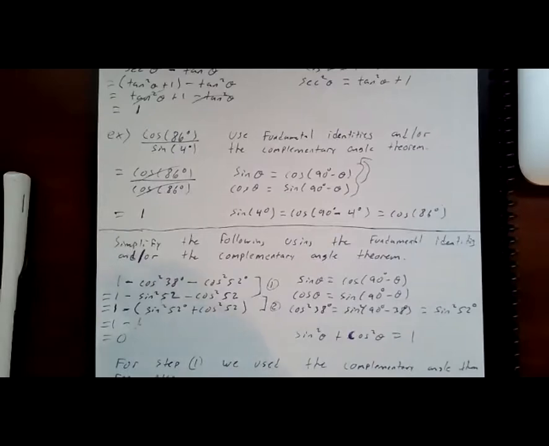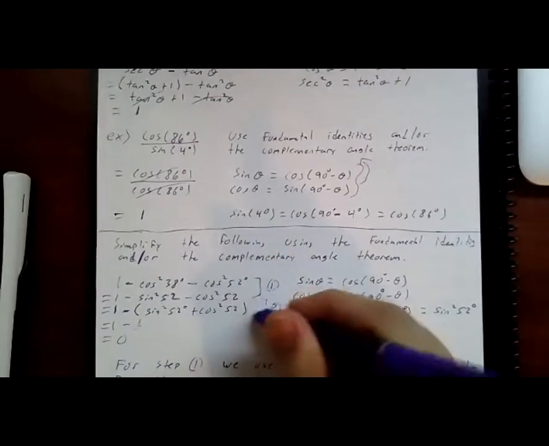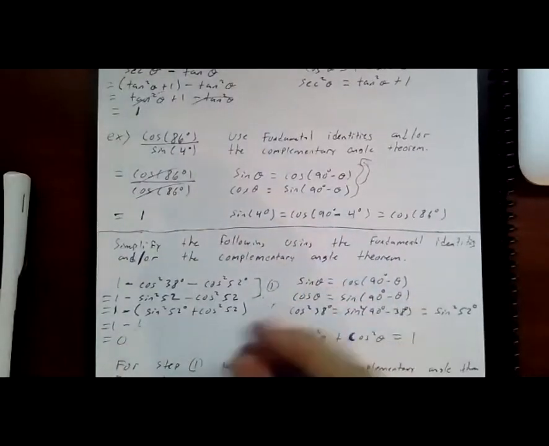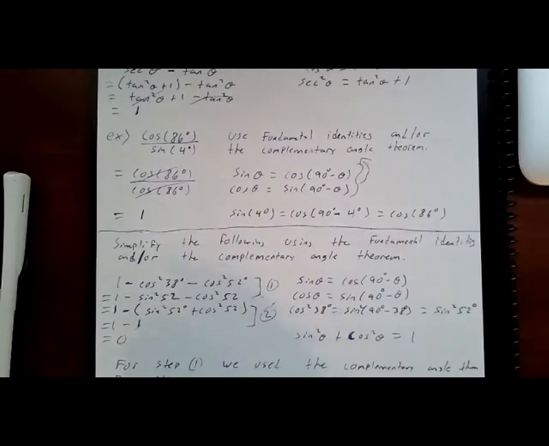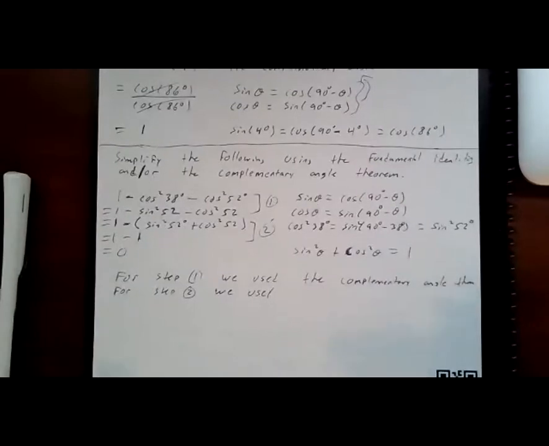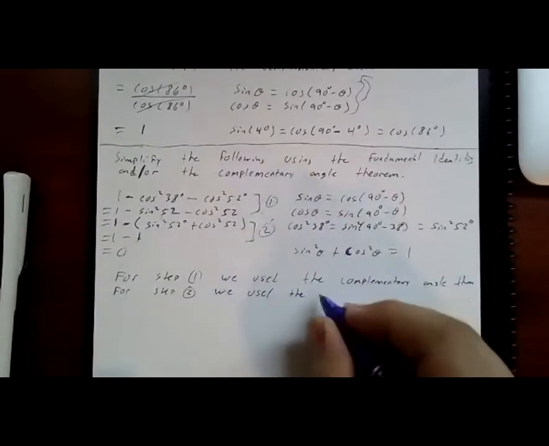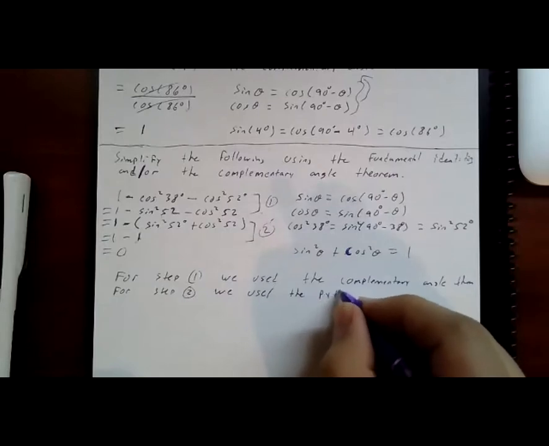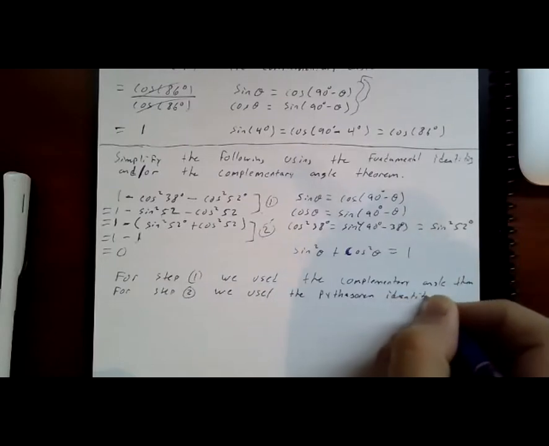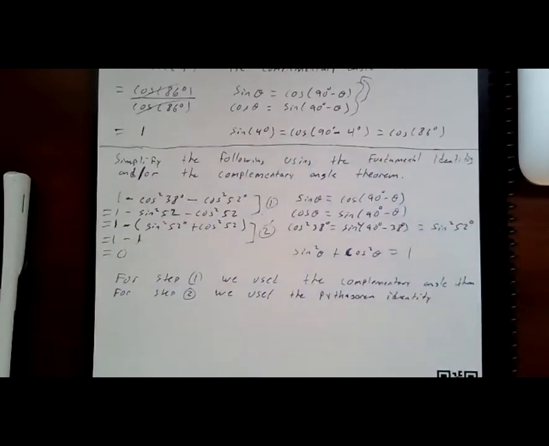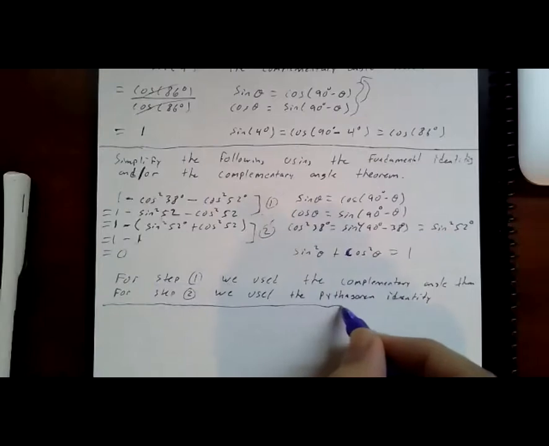For step 2, from here to here, we use the Pythagorean identity. Okay, and we got 0. Are there any questions about this example?